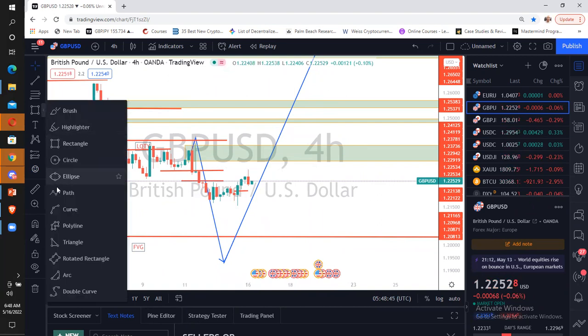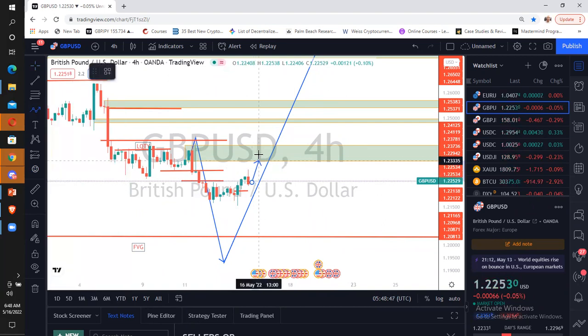It will come down and hit this other block and close this gap and continue its movement down. And this last candle also gave a new low. So once it comes down, it will break this low and continue its movement down.